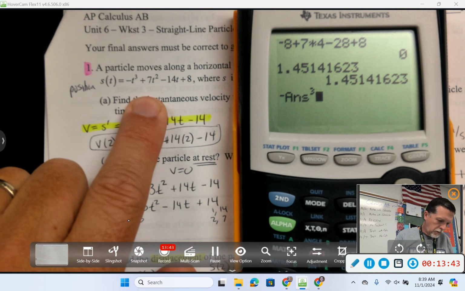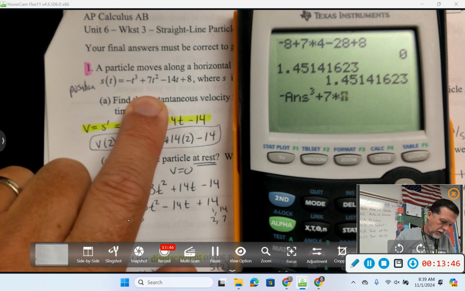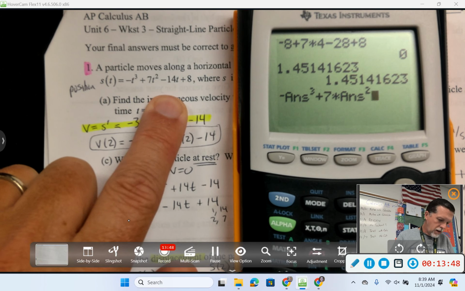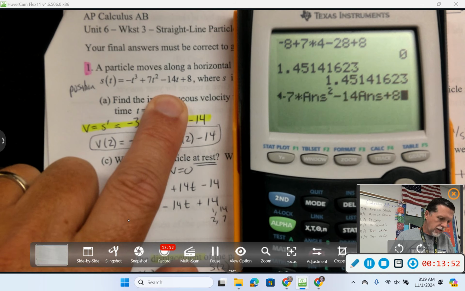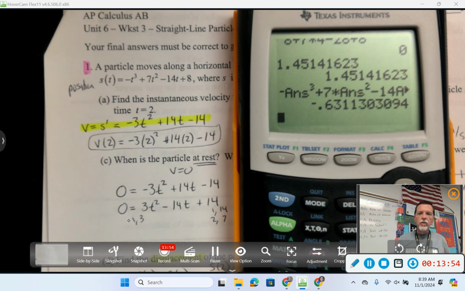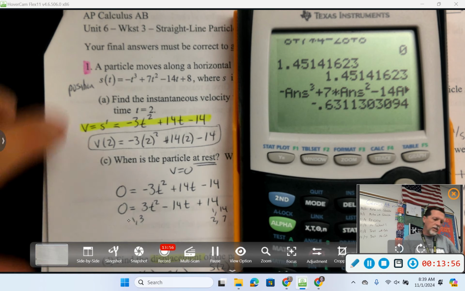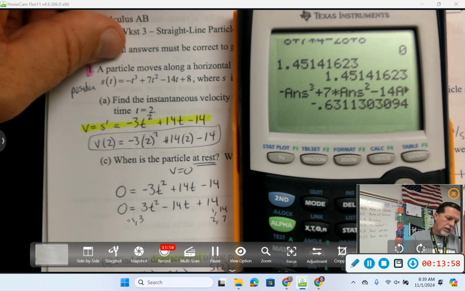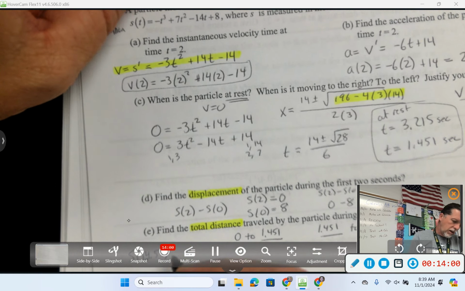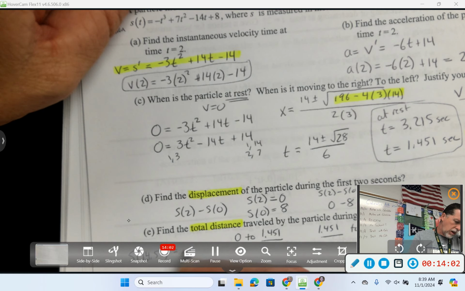Negative answer cubed plus 7 times answer squared minus 14 times answer plus 8. So super accurate, certainly accurate to 3 decimals, negative 0.631.